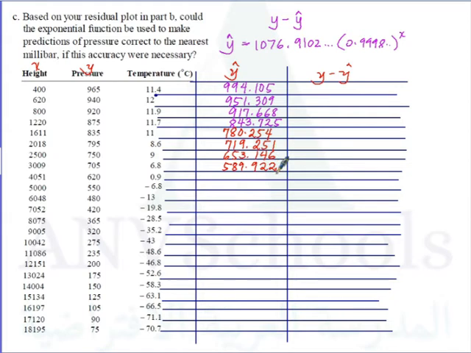If my x is 4051, then my y hat is 478.938. Let me use another color this time, green.